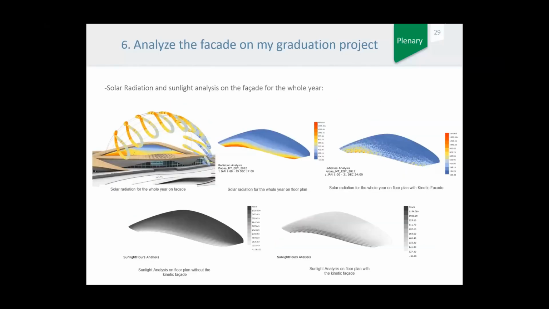And here's some solar radiation analysis on the facade. This is the radiation for the whole year on the floor plan of the interior with and without the kinetic facade, and also the sunlight hours analysis that shows the difference between with and without the kinetic facade.